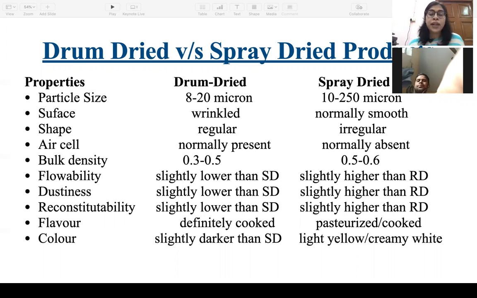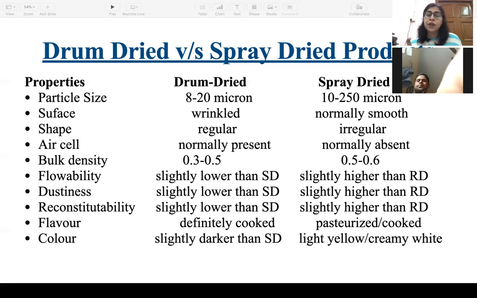Flowability of spray dried product is higher than drum dried product. Dustiness of spray dried product is slightly higher than drum dried product, and reconstitutability of spray dried product is higher than drum dried product. Flavor, such as cooked flavor, is normally seen in drum dried product and sometimes seen in spray dried product.